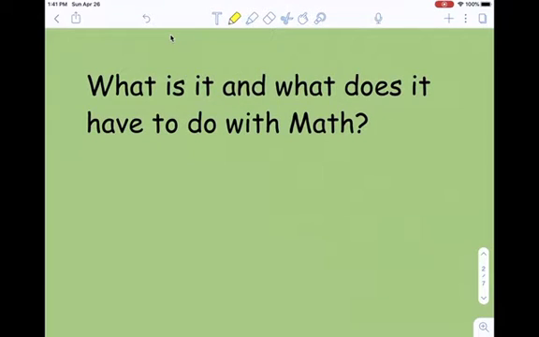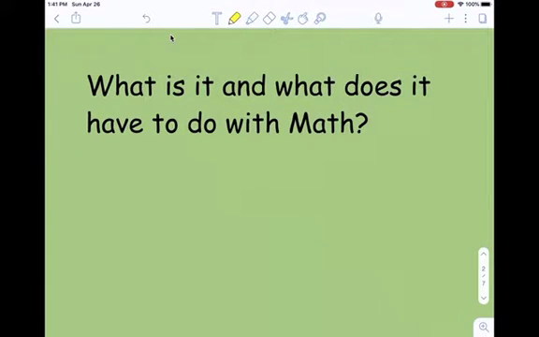Well, it has everything to do with math because there are so many real world applications where we need a way to mathematically explain the difference between two things that are both pitched a certain way or leaning a certain way, but one's leaning more than the other.